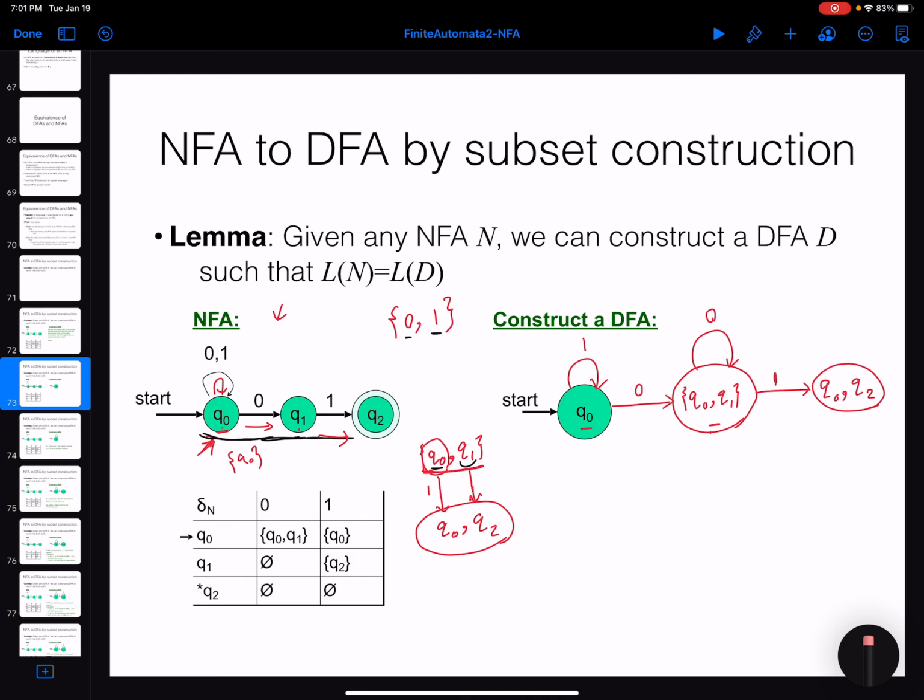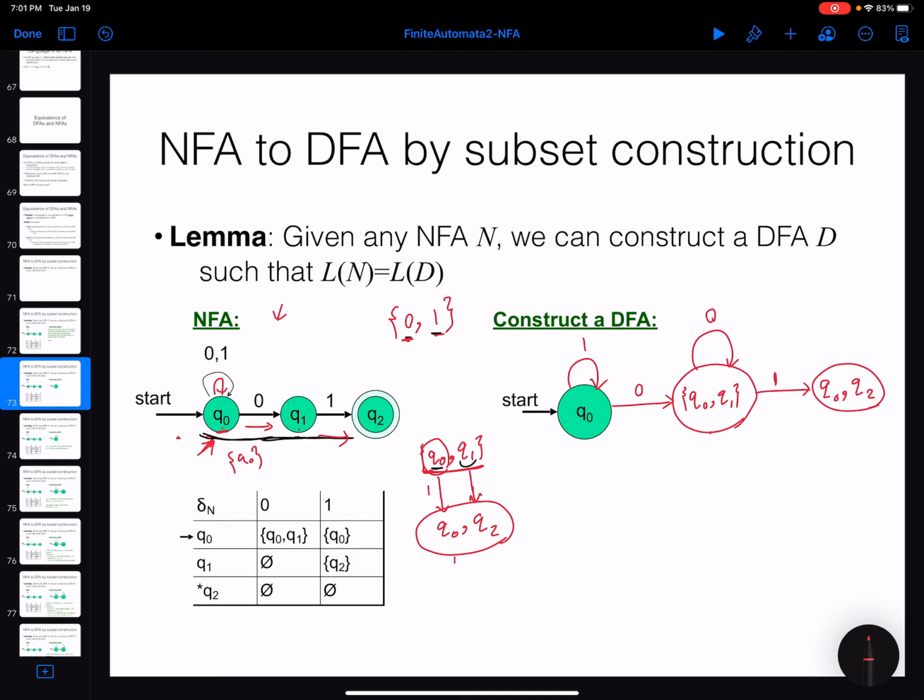Okay, so let's now check out this new state that I have, Q0, Q2. I wanted to see that if I am at Q0 or I am at Q2 in my NFA, where I will end up, or what the transitions are. Again, I will double check for all of the input symbols.